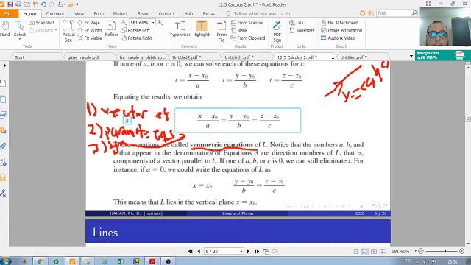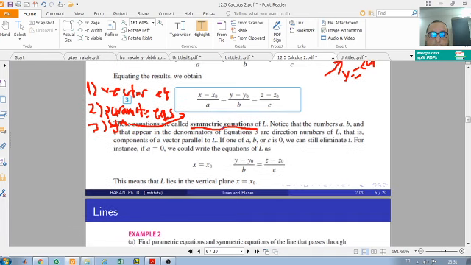For instance, if the first component of the direction vector of a line is equal to 0, we could write the equations of L as follows if you want to use symmetric equations. Since the first component is 0, for the first variable we write x is equal to x0, and if the others are not equal to 0, we still use the basic form for symmetric equations.